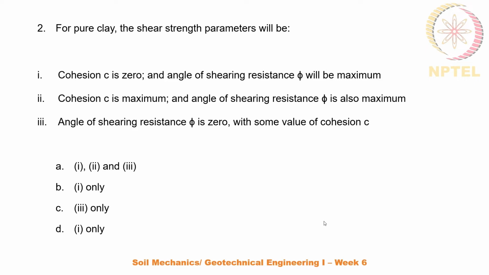The second statement also says that angle of shearing resistance phi is maximum. But for pure clay, angle of shearing resistance phi is 0. So, we can rule out the second statement as well. So, the only possible shear strength parameter for a pure clay is that there will be some value for cohesion C and the angle of shearing resistance phi will be 0.